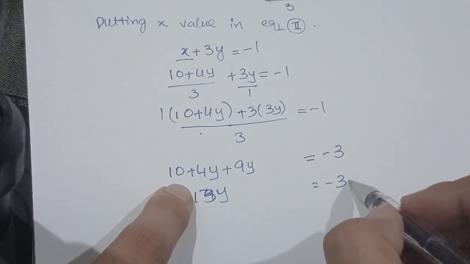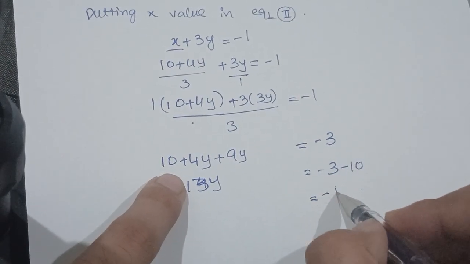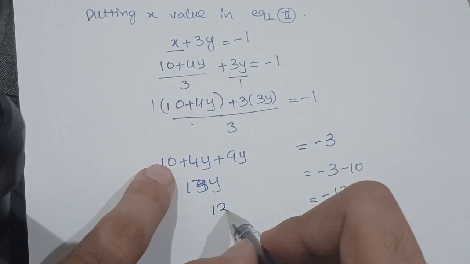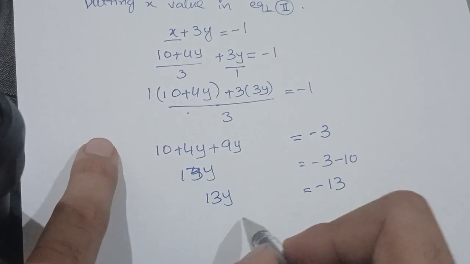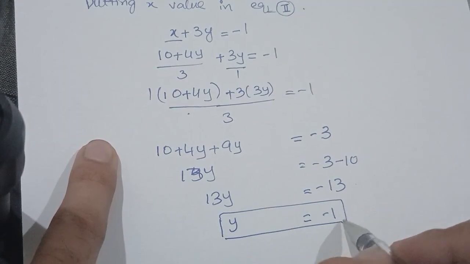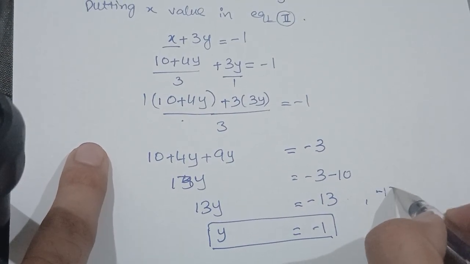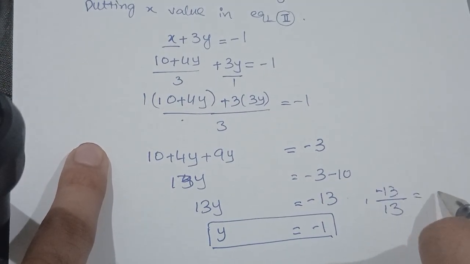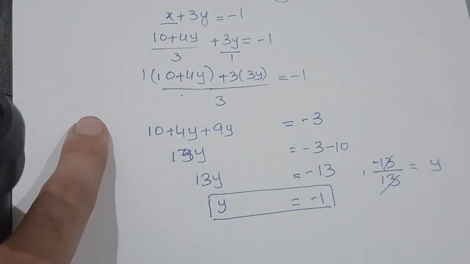This 10 will become minus here, will become minus 13. 13y is equal to minus 13 and y is equal to minus 1. How minus 1? Minus 13 will be divided by positive 13 and y is equal to minus 1.